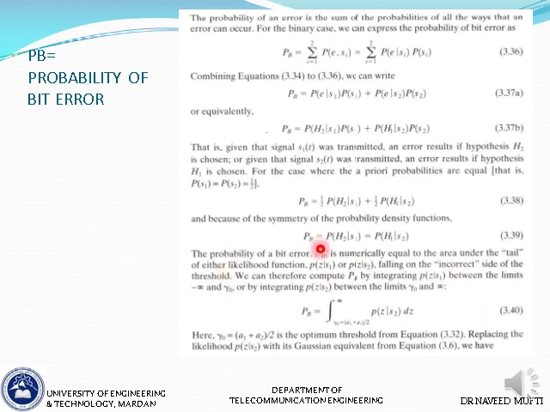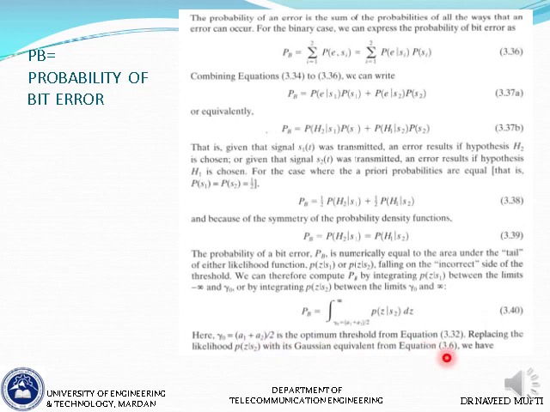Okay, so we can therefore compute the probability of bit error by integrating this curve between the limits minus infinity to gamma naught, or by integrating this curve between the limits gamma naught and infinity. We can calculate the probability of bit error from either of the curves. For example, here it's shown. Here gamma naught is taken as the average of A1 and A2, which is the optimum threshold.